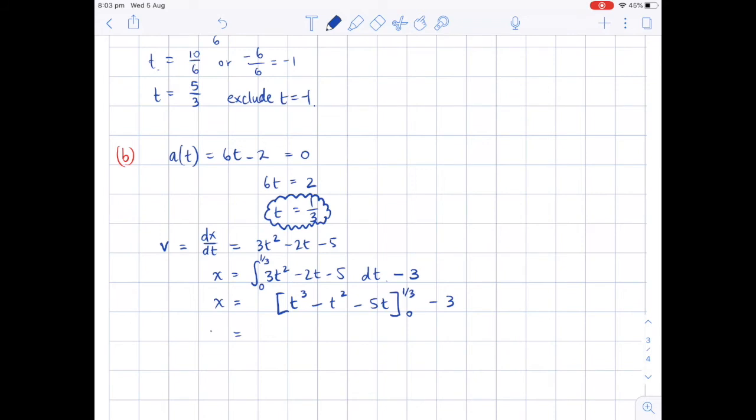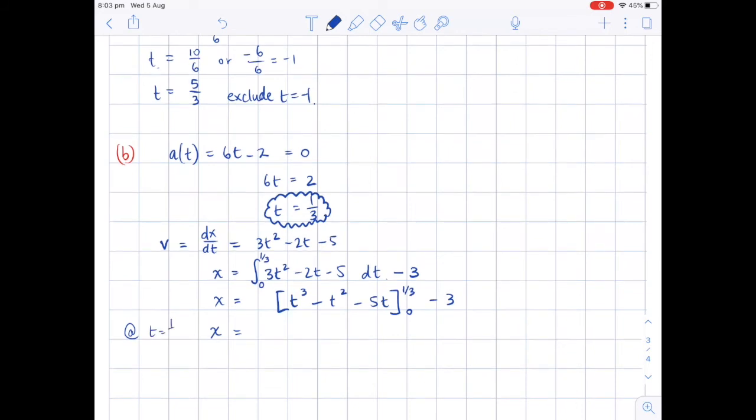So this will give me the position at t equals 1/3. Alright, so I need 1/3 cubed minus 1/3 squared, take away 5 times 1/3. That's the first part of my definite integral.